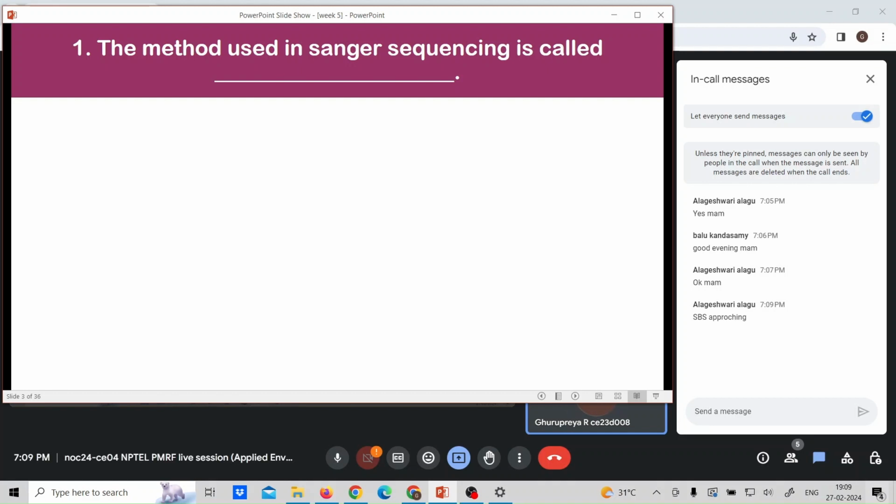SBS approaching. It is not SBS approaching. Based on dideoxy only, there is one name for the method.